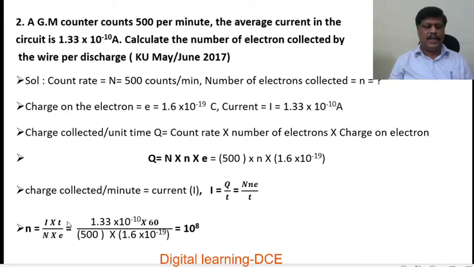So I is 1.33 into 10 power minus 10, and t is 60 seconds, count rate is 500, charge on electron 1.6 into 10 power minus 19. After simplification, we get 10 power 8 electrons. That is, small n value is 10 power 8 electrons collected by the wire per discharge.